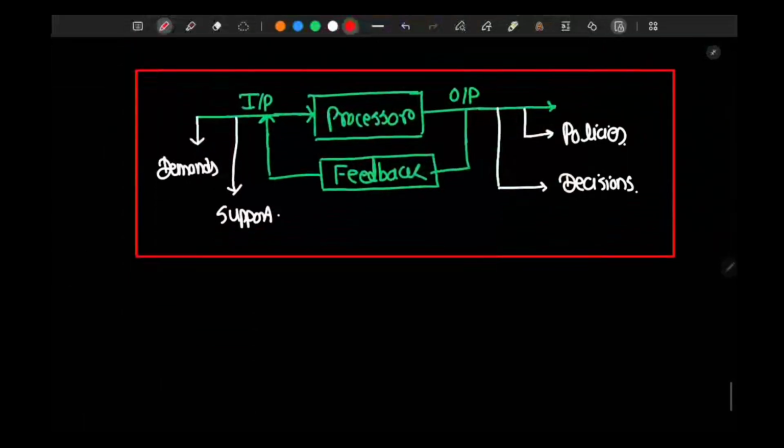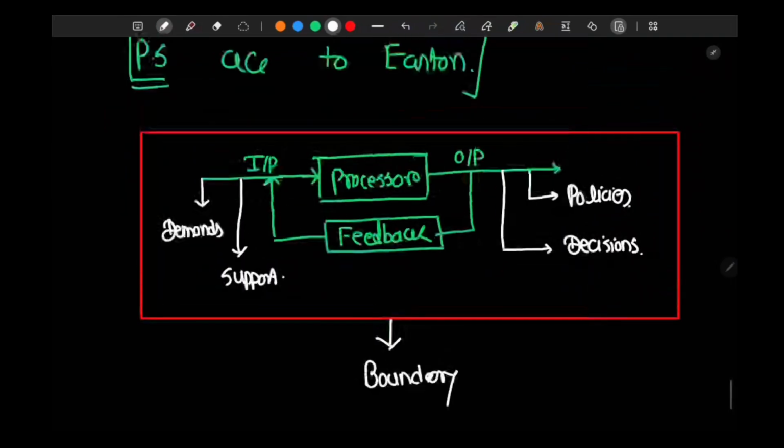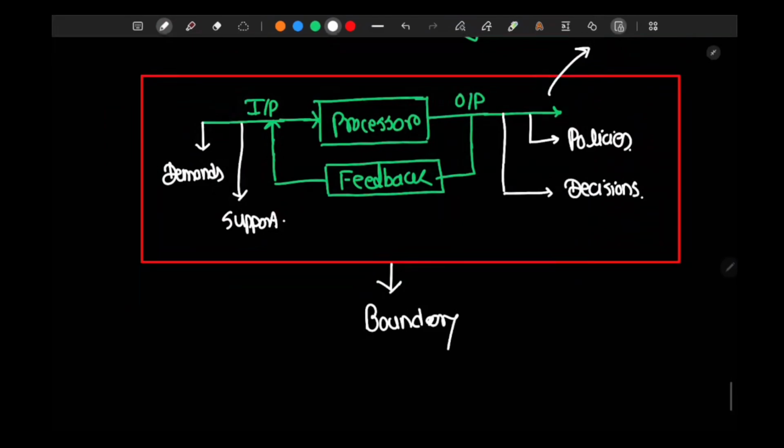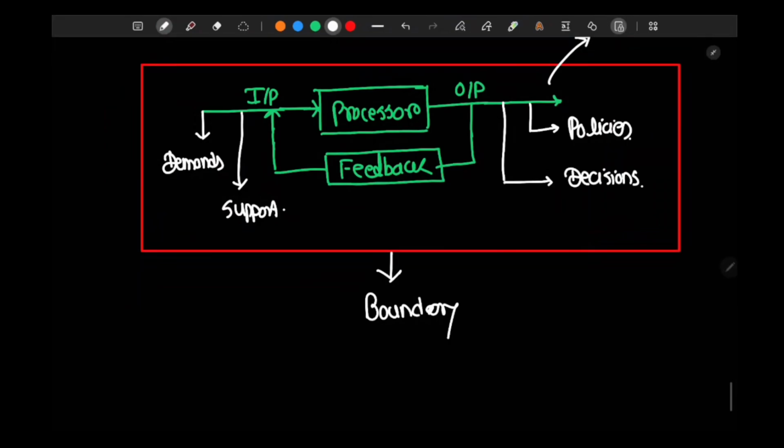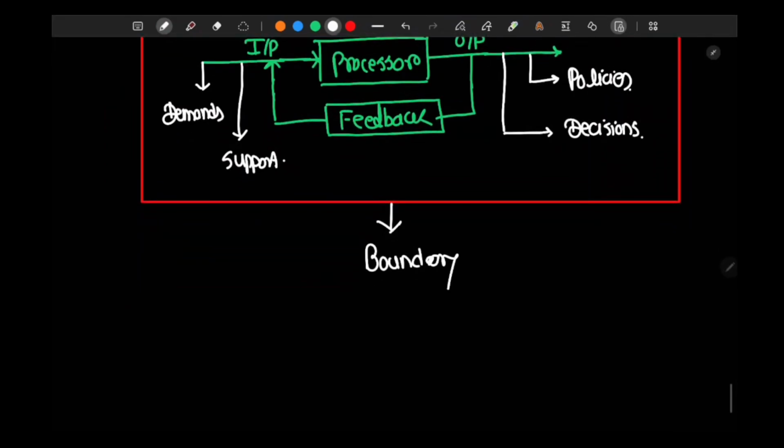So this is the boundary. Whatever this system is working in, it is the environment. And for this system, he uses another word, which is machine. He says that this is a political machine.